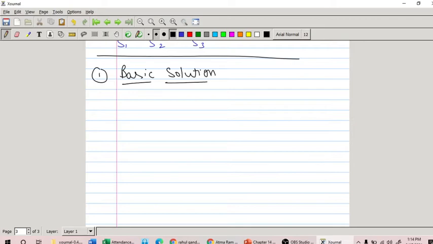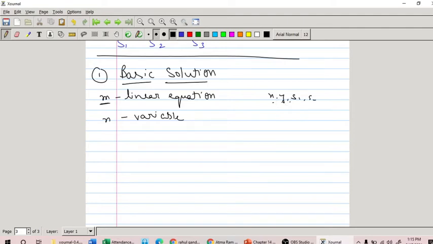So, if we have m linear equations, one, two, three, four. So, we are saying that m number of linear equations with n number of variables. So, you may have x, y, then you add slack 1, slack 2, surplus.